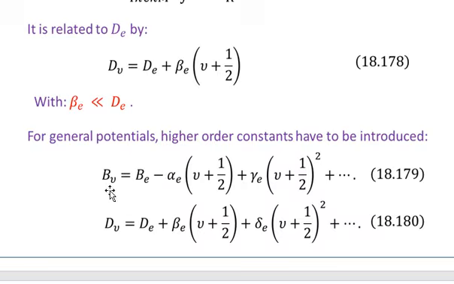You see that first, BV is equal to BE minus alpha E times V plus half, plus gamma E times the square of V plus half, and so on. Similarly, DV is equal to DE plus beta E times V plus half, plus delta E times the square of V plus half, and so on.